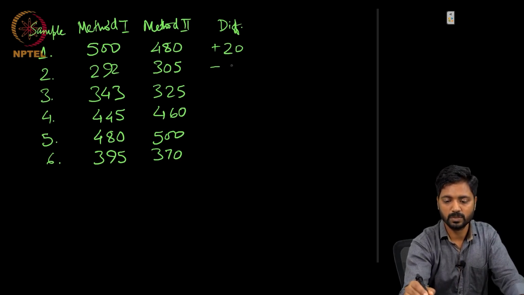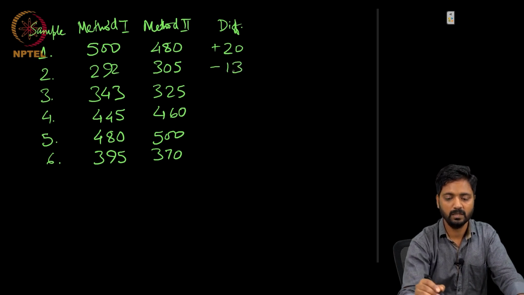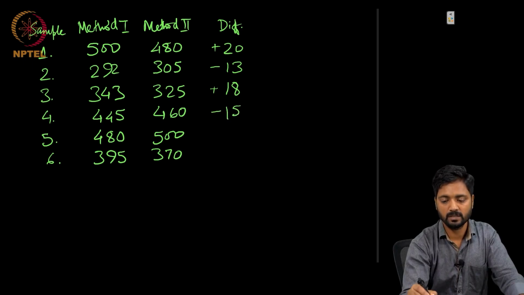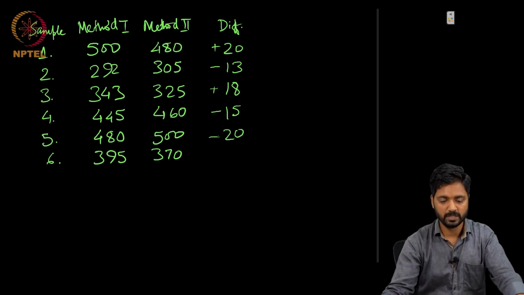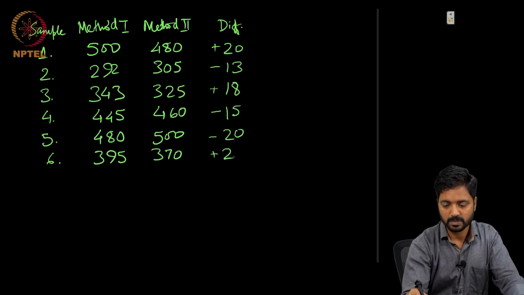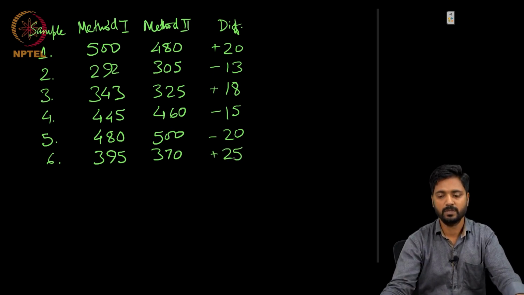So, this difference becomes negative 13. Similarly, for sample 3, this is positive 18. Sample 4, it is again negative 15. Sample 5 is also negative 20 because method 2 is reporting more. And finally, for the sixth sample, the value is plus 25.